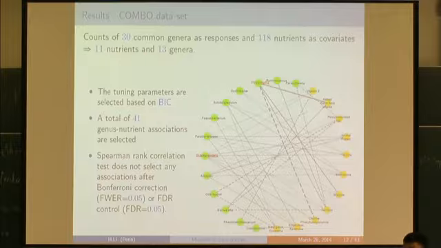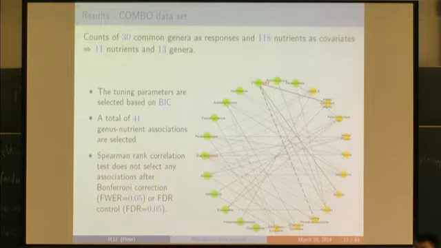Instead of looking at all the 119 bacterial genera, we just look at relatively common ones, and that's the heat map I showed you, the 30 relatively common bacterial genera as a response, and we consider 119 micronutrients in the model. The total number of micronutrients is bigger than 119, but some of them are highly correlated because they all come from the same questionnaire.